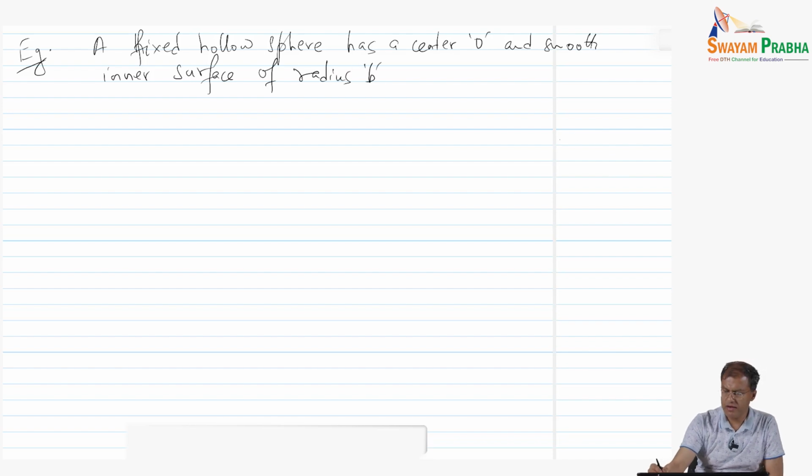So we have this sphere where the center of the sphere is O and the radius of the sphere is b, right?